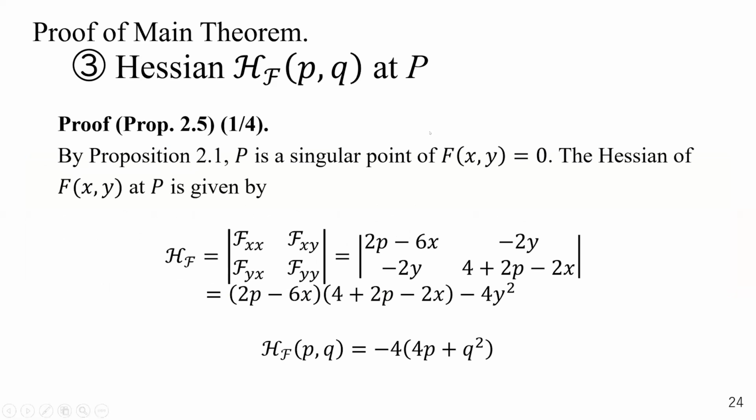By Proposition 2.1, P is a singular point of f(x, y) equals 0. The Hessian of f at P is given by the following.